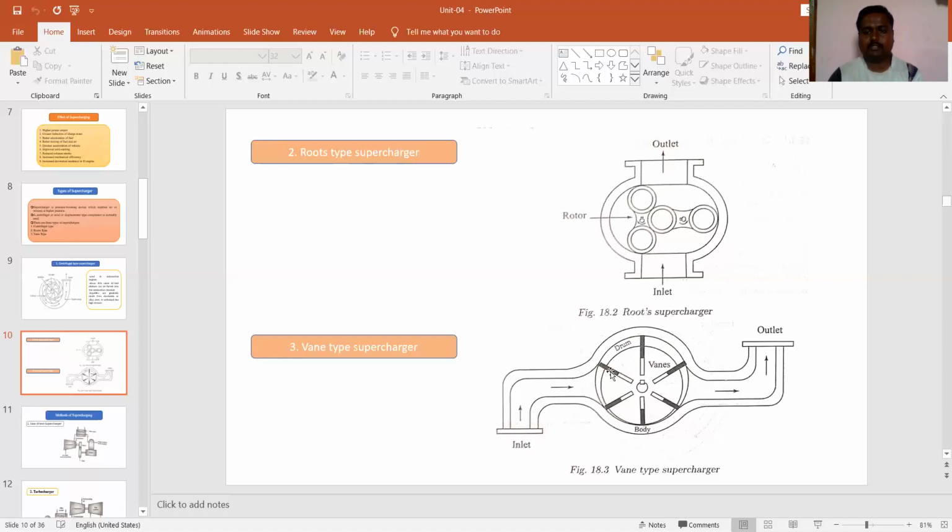This air is trapped between two vanes. Then the air moves from this side to this side, and as it does, this area decreases. As the area decreases, the pressure increases, and at the outlet we get the high pressurized air. This is the vane type supercharger.